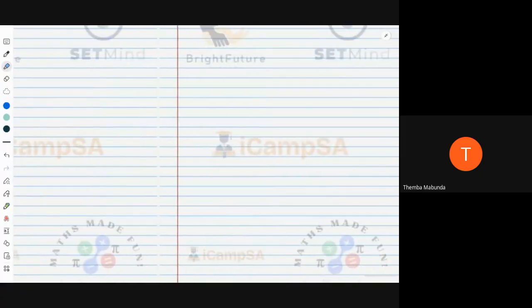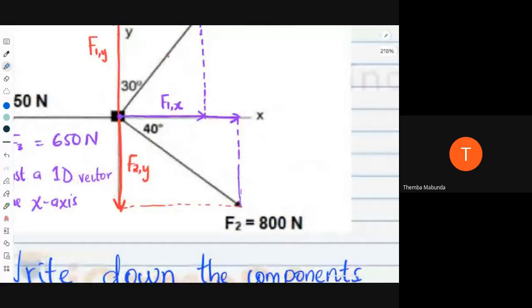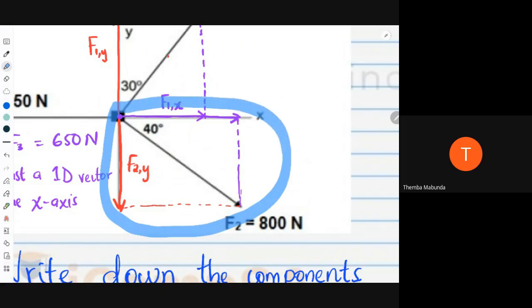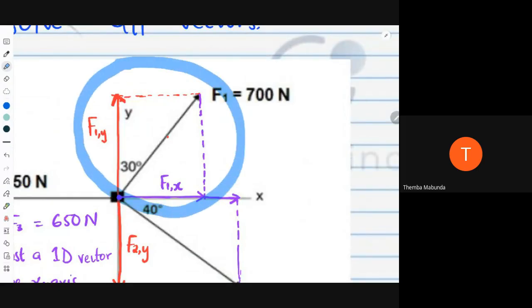Let's do F2. If you check F2, what we're doing is we're taking all of this. Do you see? And then what we did on the previous one, we took all of that. What we were just trying to do is find mathematical relationships between the vector and its components.